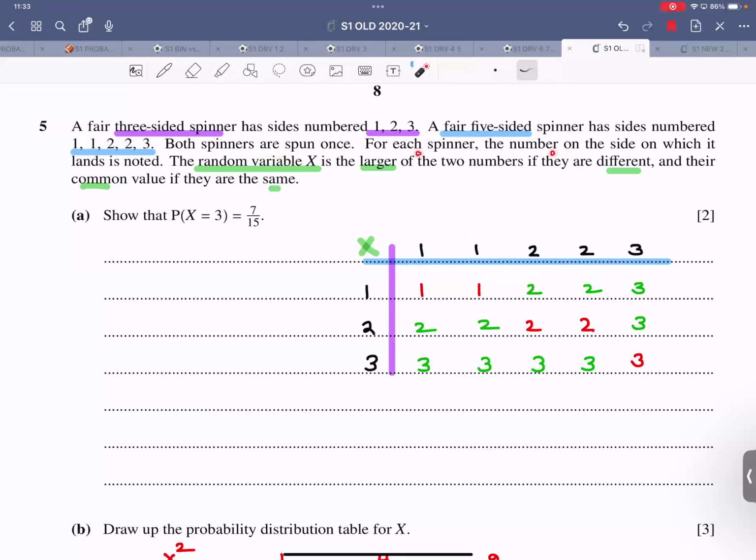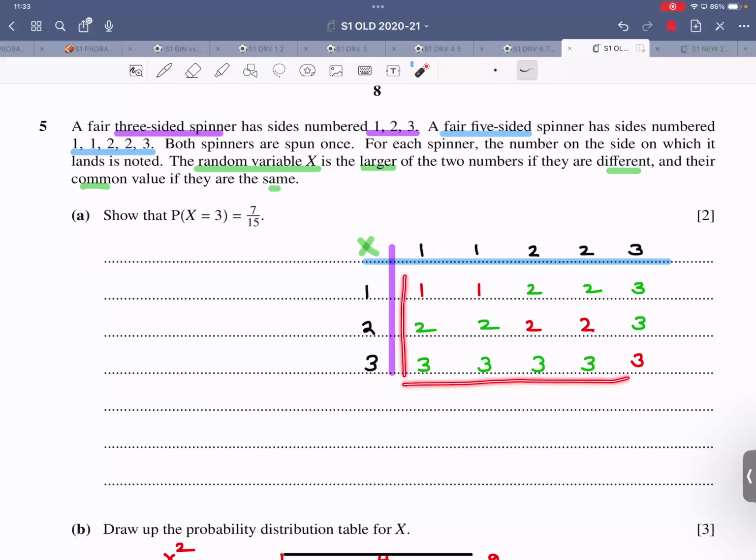For each spinner, the number on the side on which it lands is noted. The random variable X is the larger of the two numbers if they are different. It's not subtraction, it's just choosing the larger of the two numbers. And their common value if they are the same. For example, 1, 1, they are the same, I'll just write 1. But 1 and 2, 2 is the larger, I'll write 2. 1 and 3, 3 is the larger, I'll write 3.